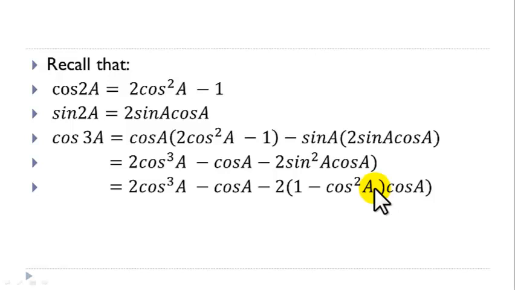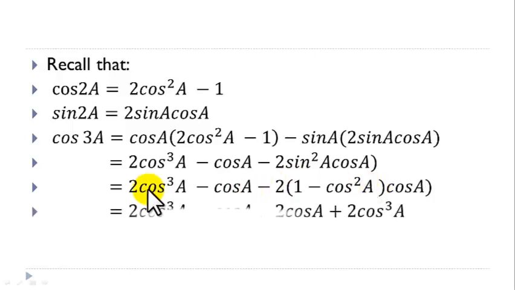Let us open this bracket, then we will obtain 2 cos cube a minus cos a. Cos a times 1 is cos a, times minus 2. That will give us minus 2 cos a. Cos a times minus cos squared a is minus cos cube a, times minus 2. That will give us plus 2 cos cube a.